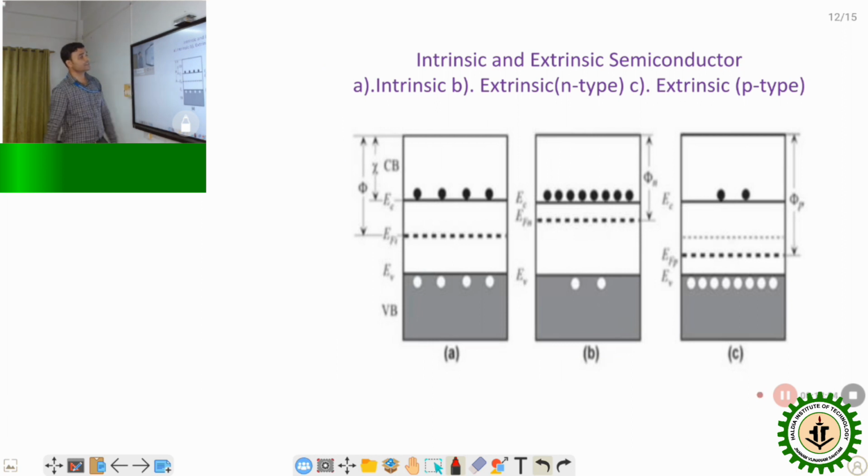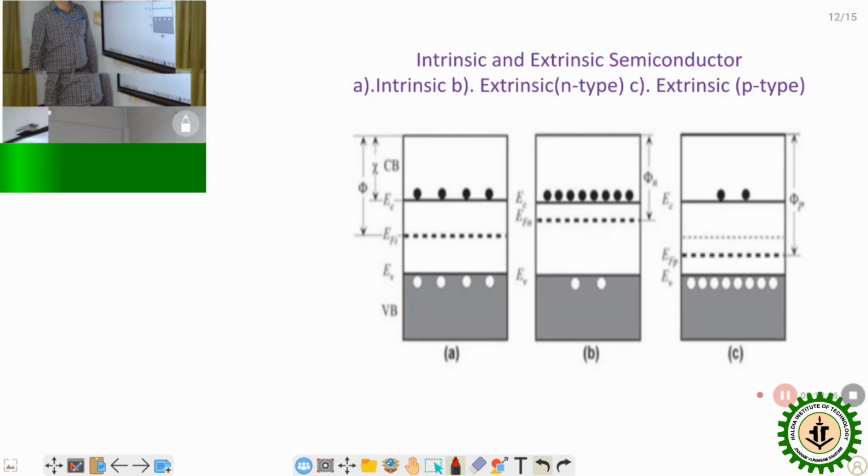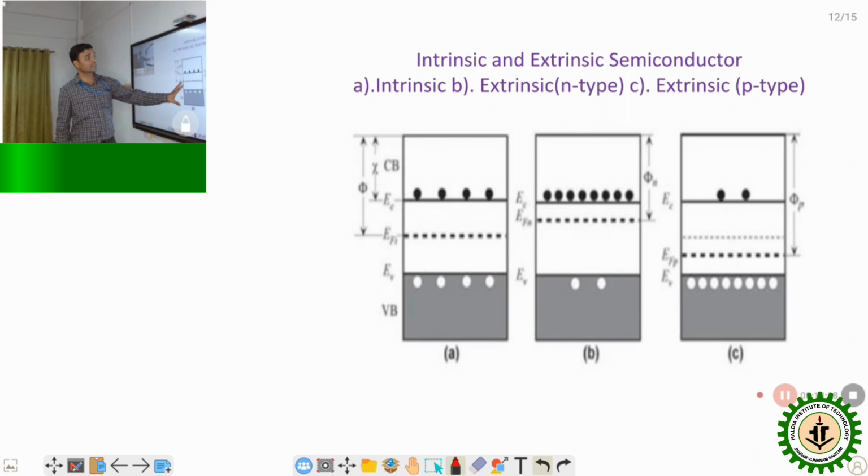Finally, we compare the band diagrams of intrinsic, n-type and p-type. For an intrinsic semiconductor, the Fermi level is in the middle of the valence band and conduction band.